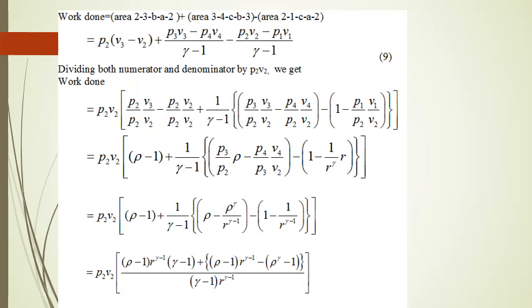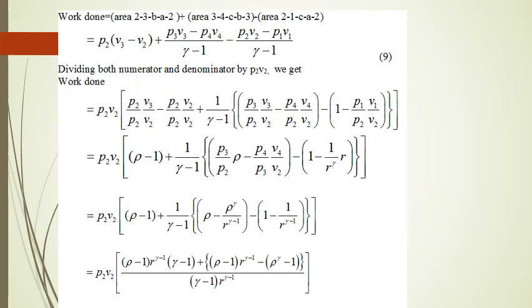That is going to give you the area within the enclosed diagram 1, 2, 3, 4, 1. So that is equal to P2 into V3 minus V2 plus P3 V3 minus P4 V4 upon gamma minus 1 minus P2 V2 minus P1 V1 upon gamma minus 1.